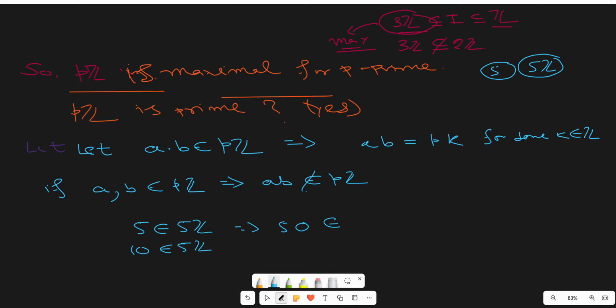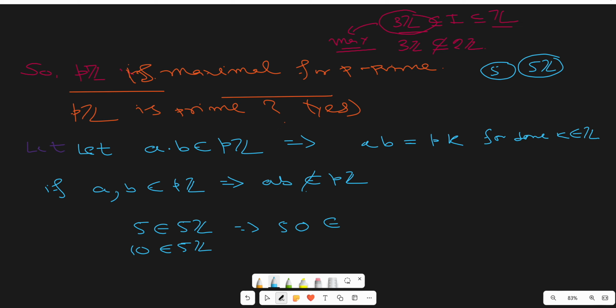So this is a prime ideal. Suppose 5Z is a prime ideal. So if a, b inside pZ, it implies that ab is not inside pZ.